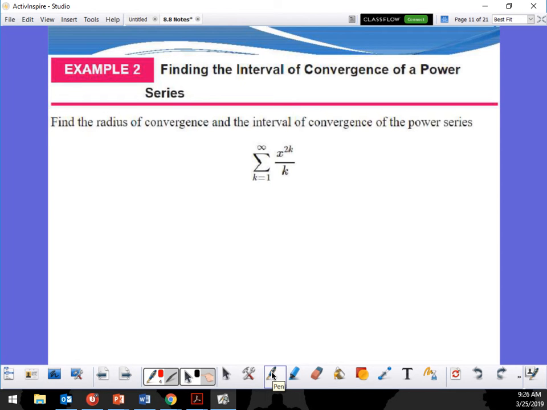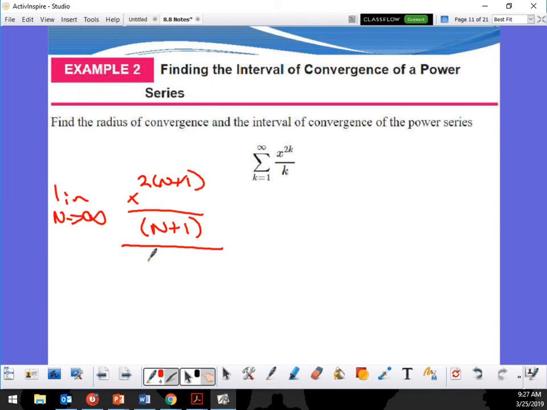We're going to have the limit as n goes to infinity of x to the 2n plus 1 over n plus 1, over x to the 2n over n.